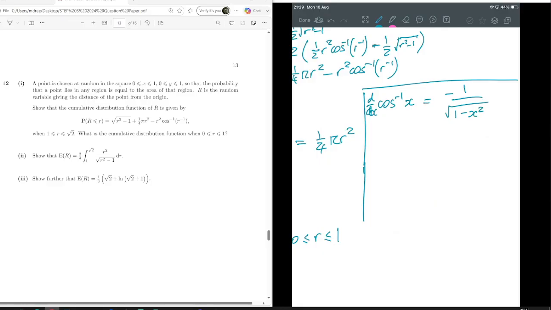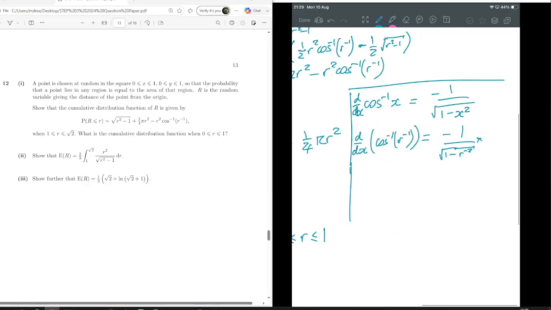So if I want to differentiate cos inverse of 1 over r, and I'll leave it as r to the minus 1, that's going to mean that I'll differentiate it ignoring the fact that it's unpleasant, and then chain rule says to times by the derivative of the thing that made it unpleasant, which is 1 over r, which would be negative r to the negative 2, as so.